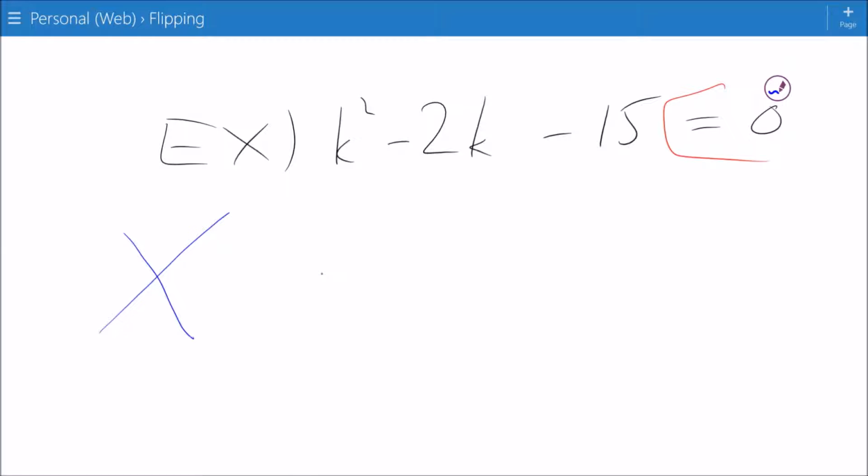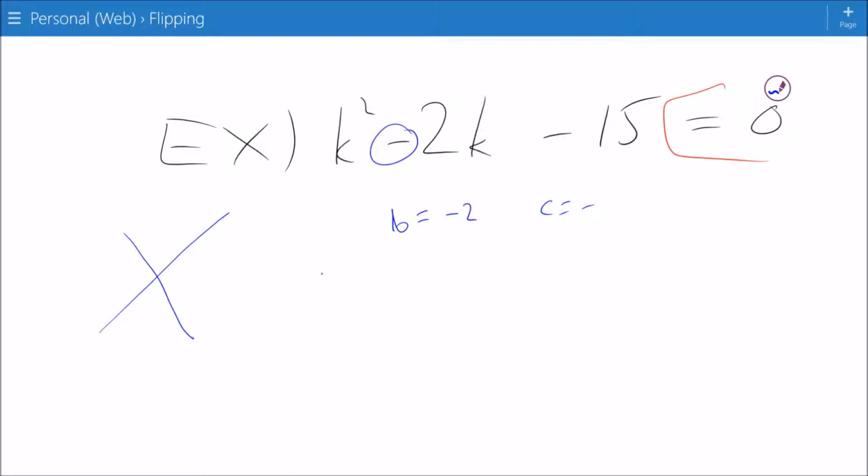What's your b? Well, in this case, b is equal to not just 2, but you've also got to keep this guy in mind there. That's negative 2. You cannot ignore the minus or plus signs. You need to keep them to be a part of the numbers that you're working with. Okay, so that's negative 2. So if we're doing that, then what is c going to be?